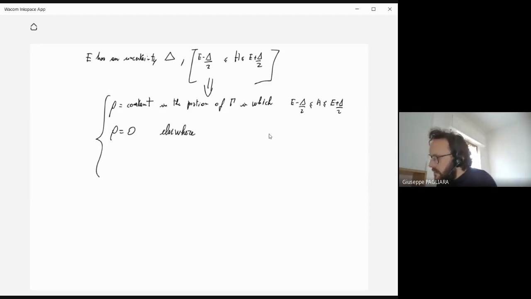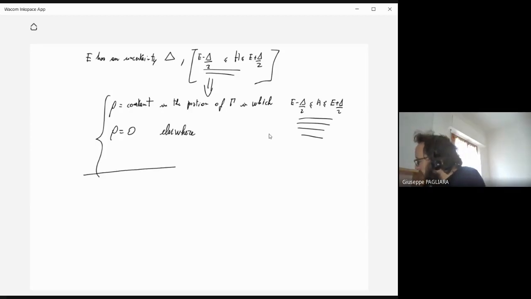Now it is easier to characterize the ensemble, the microcanonical ensemble, which is this rho, which is constant in a certain portion of the volume of the phase space, provided by these inequalities, whereas it is 0 outside.